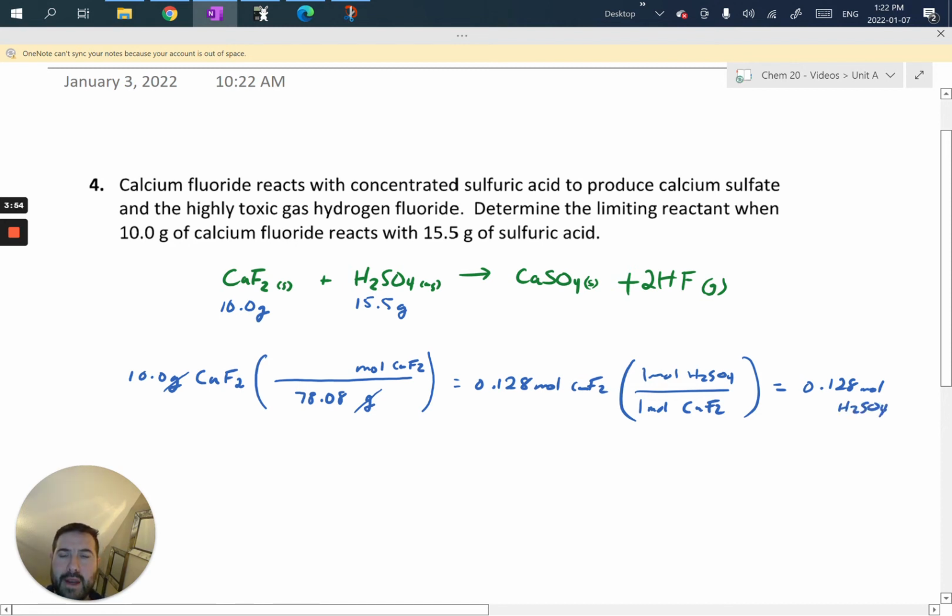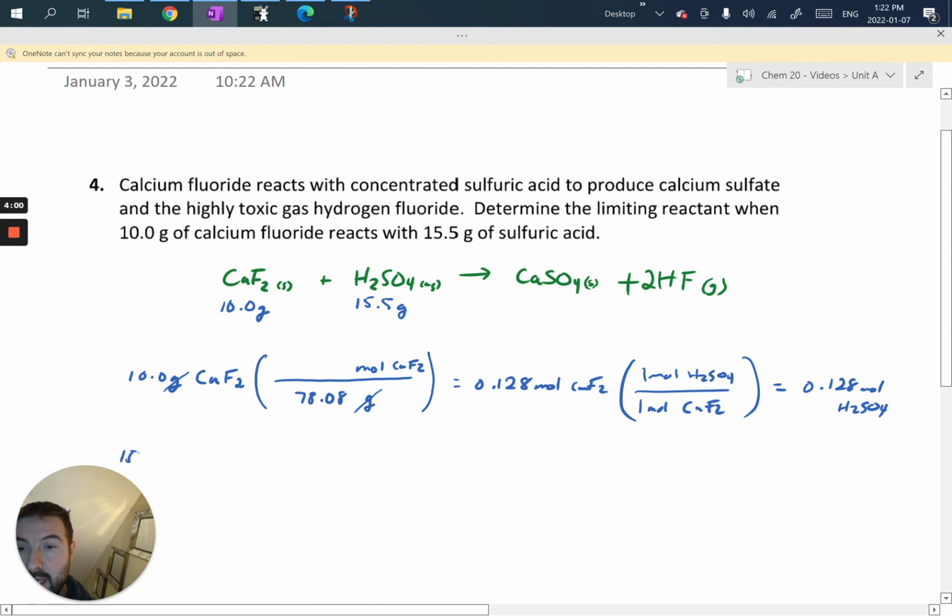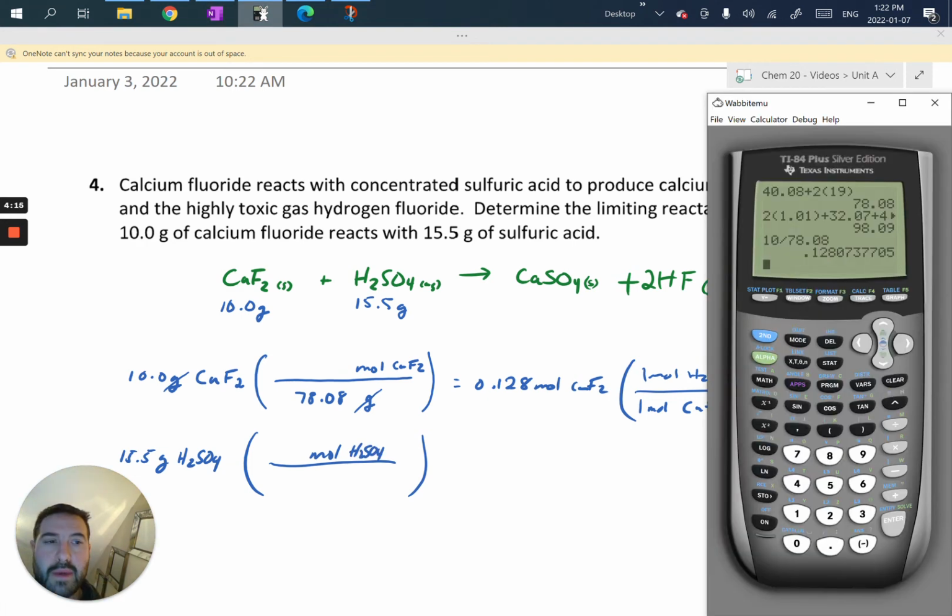Now let's look at the other substance, the H2SO4. I have 15.5 grams of H2SO4, and I'm going to convert that into moles. For every mole of H2SO4, there is a mass of 98.09 grams, which is my molar mass.